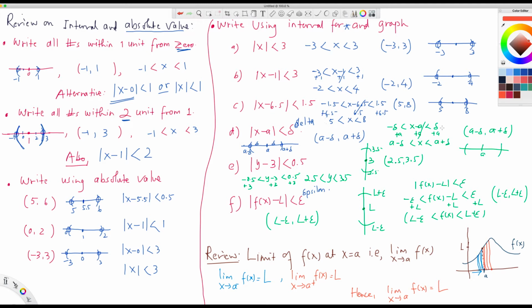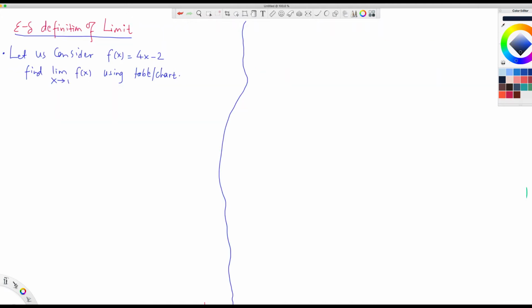Okay, so next I will give you the epsilon delta definition of the limit. Epsilon is a very small number, delta is a very small number. Before I give you this definition, let me review how we found the limit of a function at a point by using a table or chart.